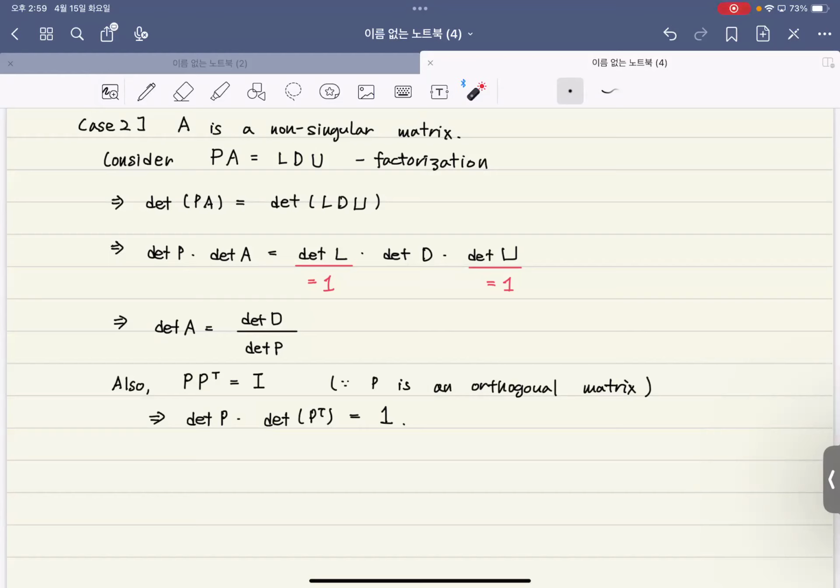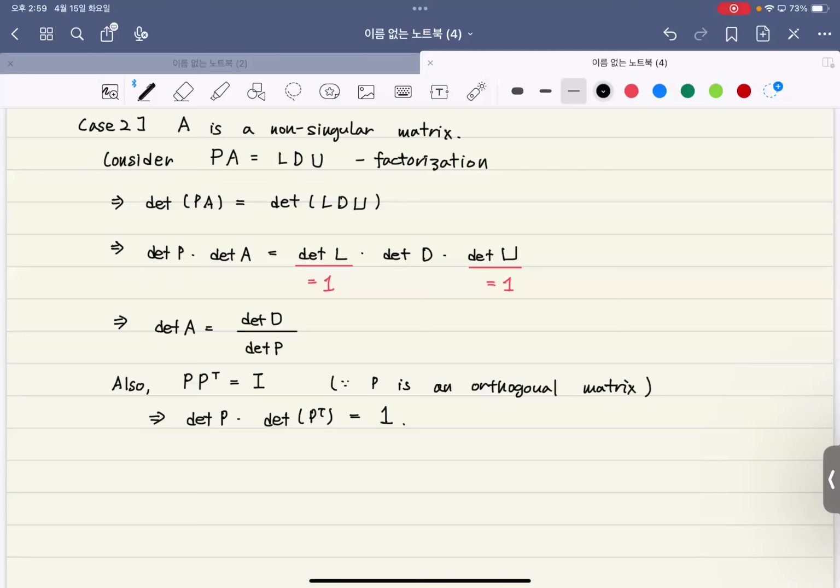Then the determinant must be minus 1 to the 5th times 1, so it must always be plus or minus 1. To be precise, if this is minus 1 to the power of k, then this also must be minus 1 to the power of k. In other words, the parity of these two numbers must be the same.